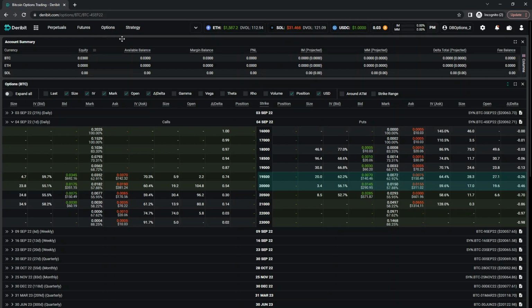For the 19,500 put, we can see a best bid of 0.007 and a best ask of 0.0075. For the 20,000 put, we can see a best bid of 0.0145 and a best ask of 0.0155. The resulting bid ask for the put spread is then 0.007 by 0.0085.